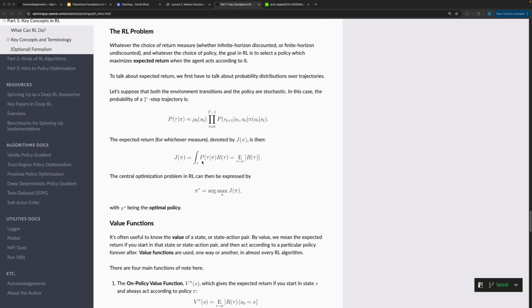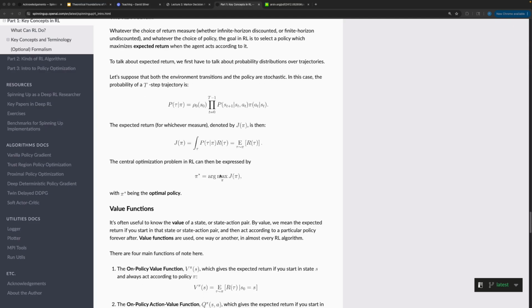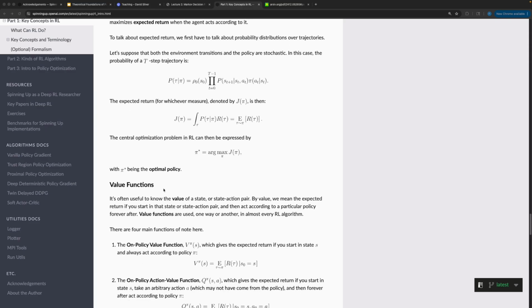So it's the probability of that trajectory times the total return from that trajectory. And the goal is to find a policy that maximizes your objective, or the expected return, which is the sum of discounted rewards.